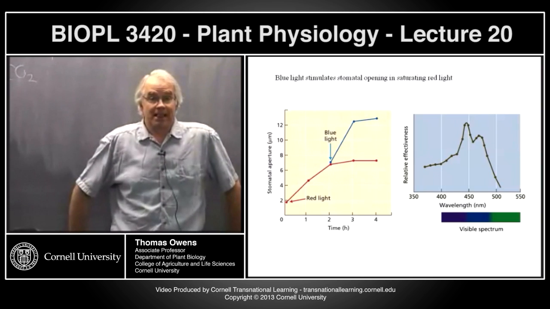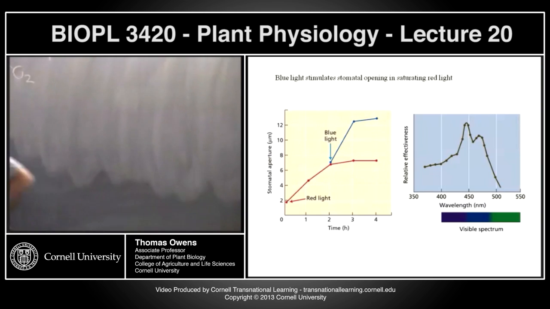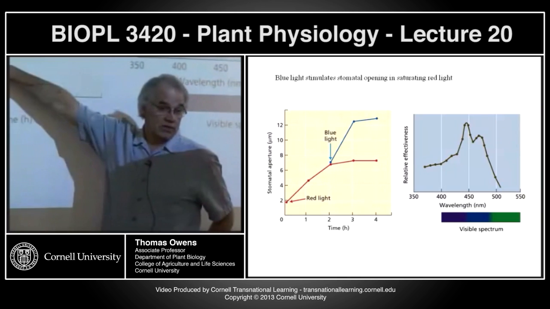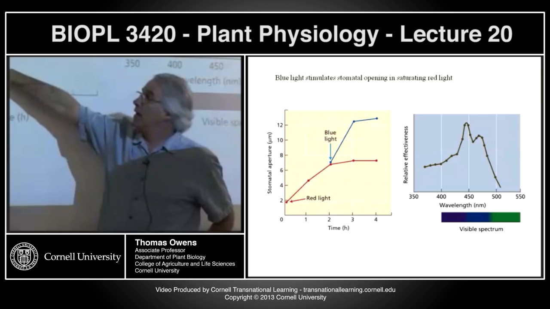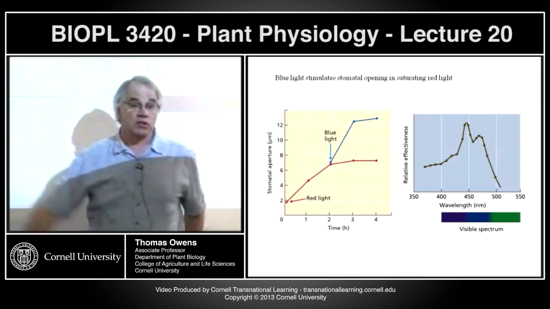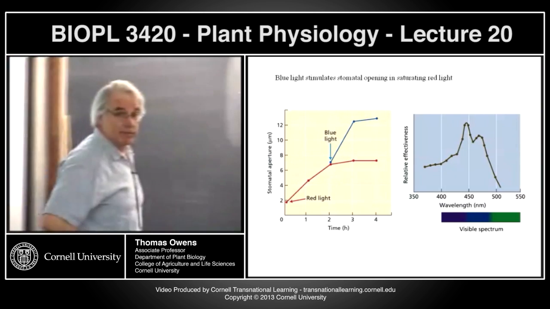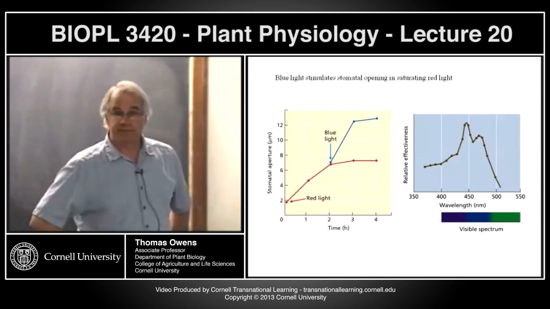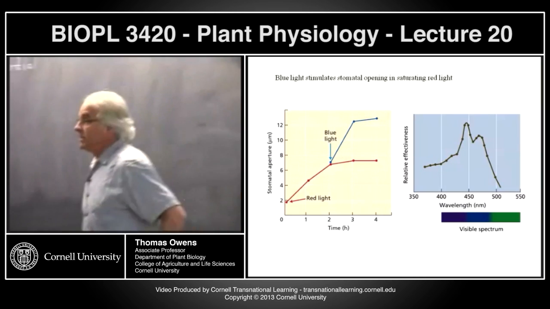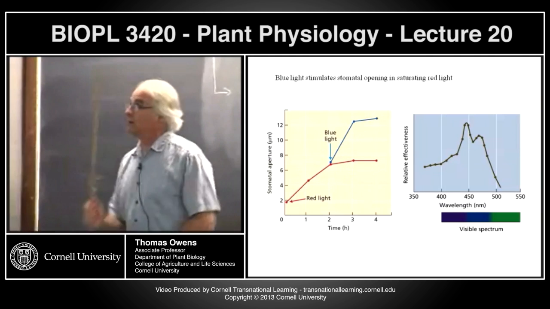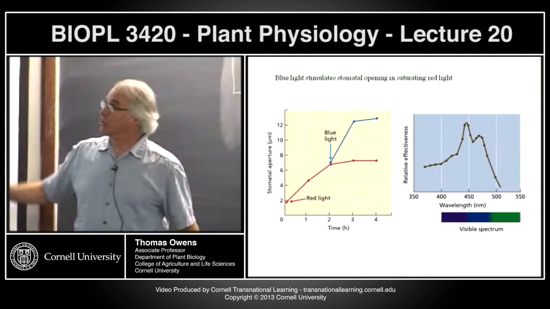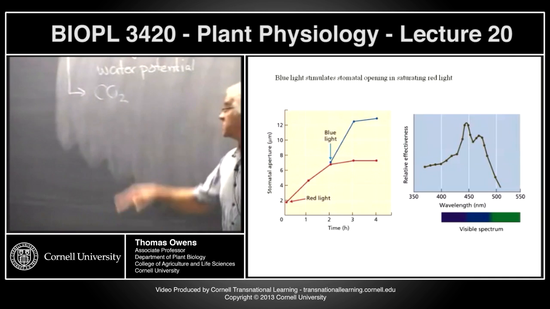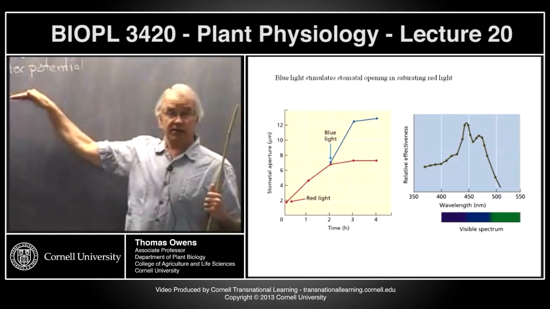No. Okay? So the experiment is to illuminate the leaves with saturating red light and then turn on, actually this is relatively weak, blue light, and measure the changes in the stomatal aperture. And what you see is that the blue light causes an increased opening of the stomates even when photosynthesis is saturated. So now we have separated out these two effects.